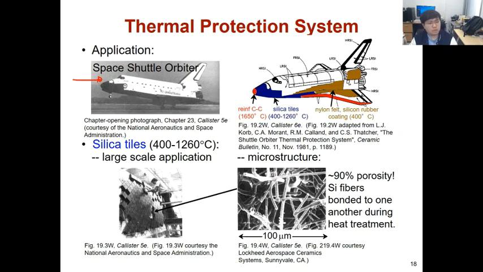During the trip in space, they will experience very large temperature changes in the atmosphere. So in the front part, we use a very high heat resistive material.